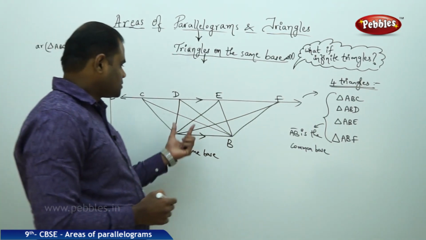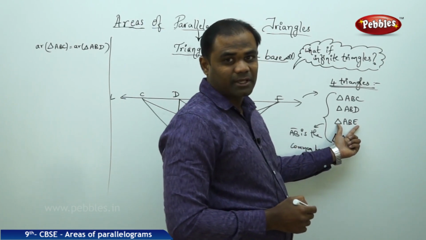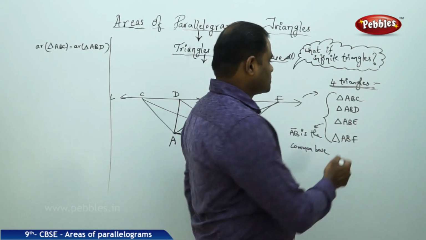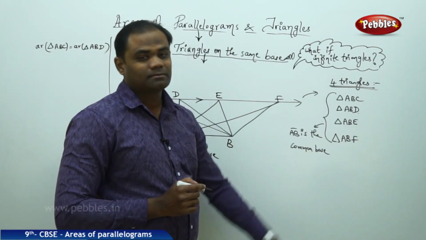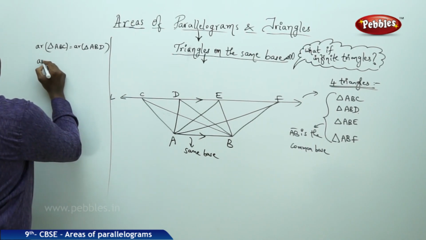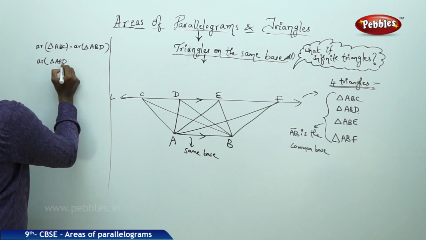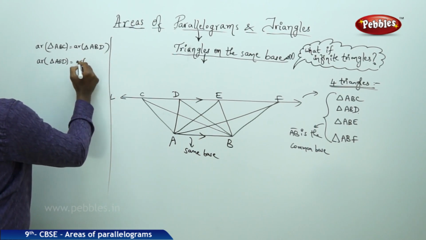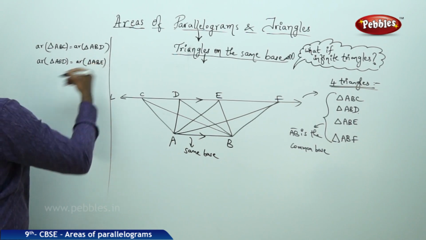Now when I take the case of the second and the third triangle, these 2 triangles are on the same base and between same parallels. So area of this must be equal to area of this. So with the second case, area of triangle ABD is equal to area of triangle ABE.